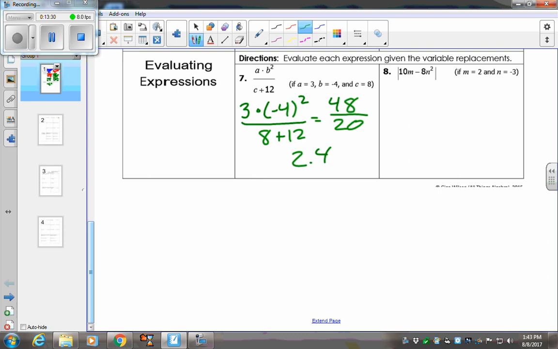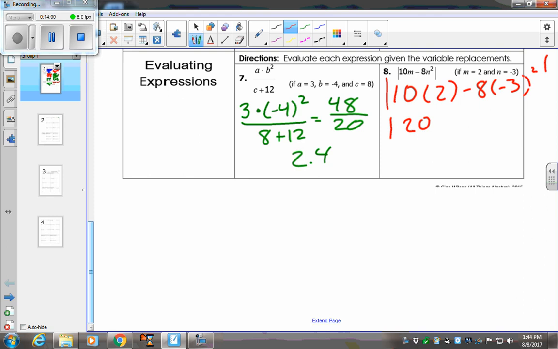Number 8. I'm going to change color so it doesn't get confusing. The absolute value of 10 times 2 minus 8 times negative 3 squared absolute value. We won't draw the line. That's another absolute value. What is 10 times 2? 20. So the absolute value of 20.